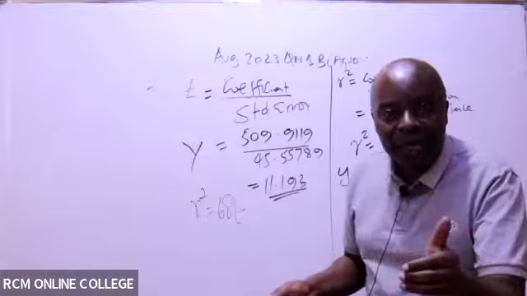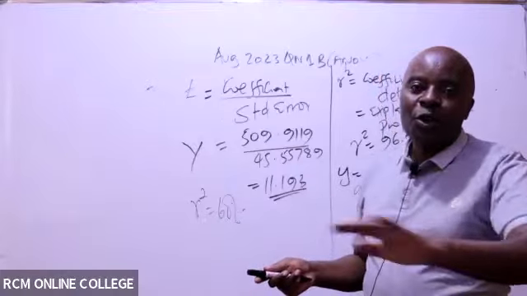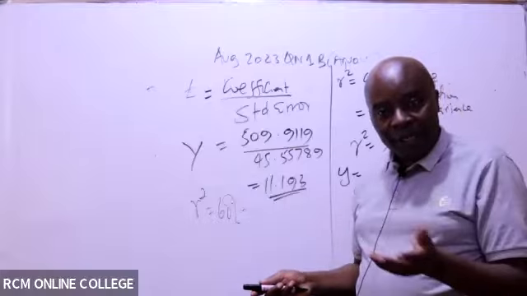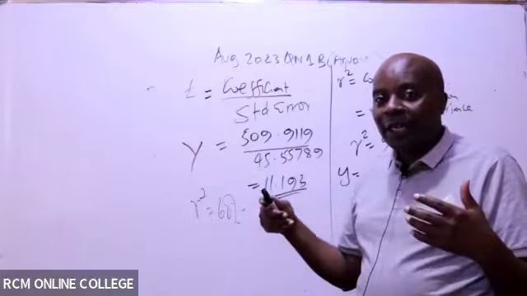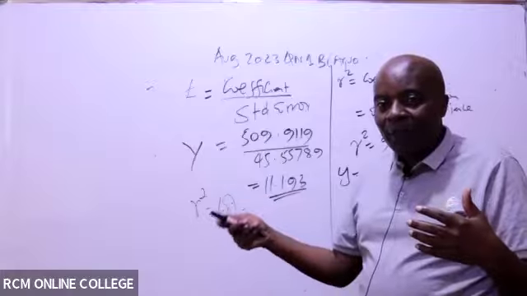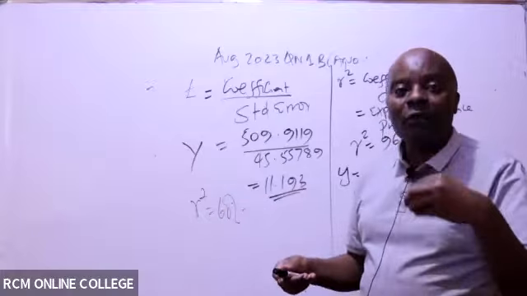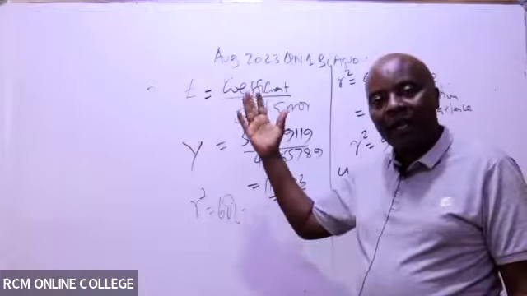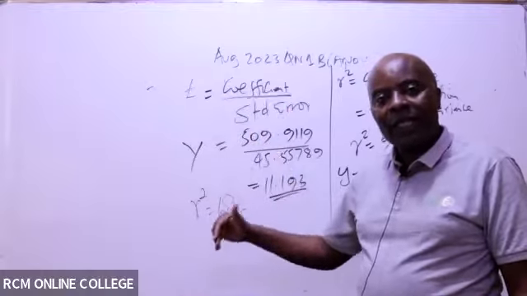I will recommend, as your research supervisor, drop that model and try looking for other variables. And if you're not able to get independent variables, then I'll ask for what we call intervening variables to push this higher. We like it if it is at least 75%.